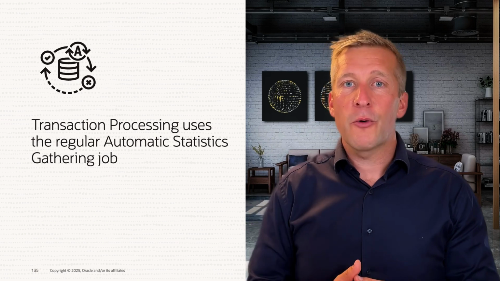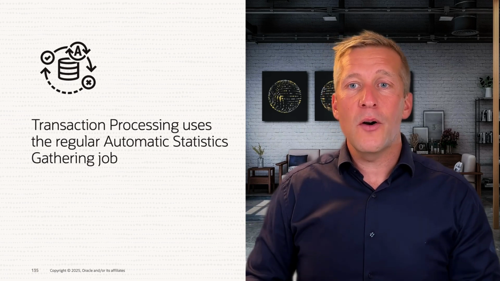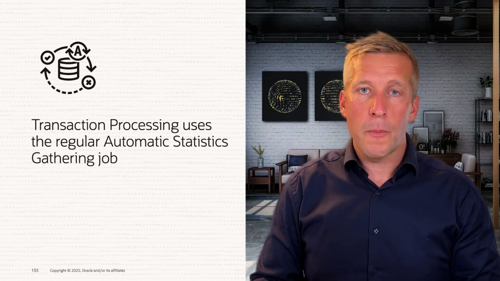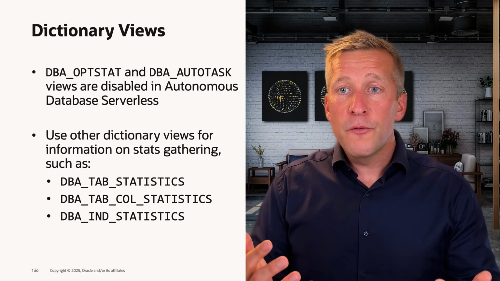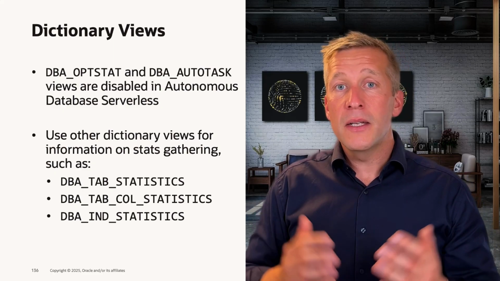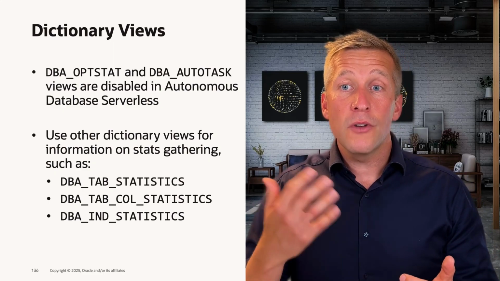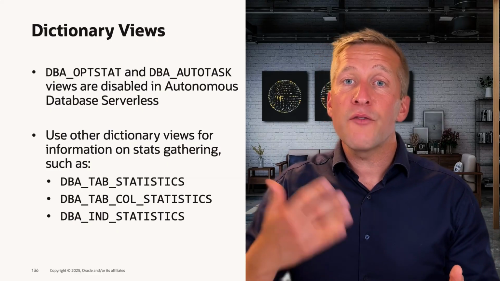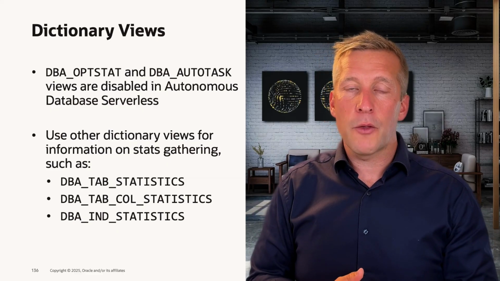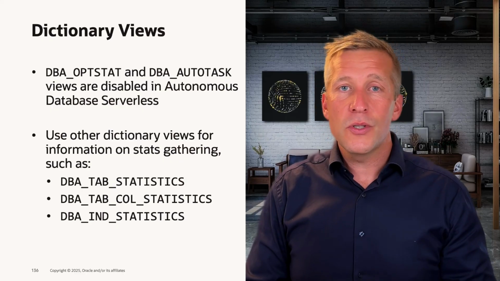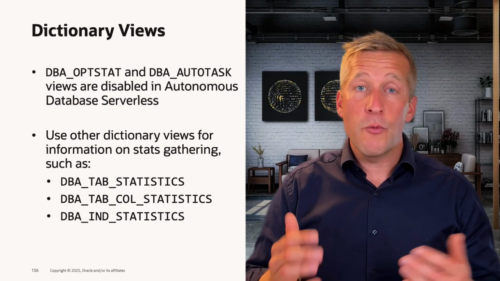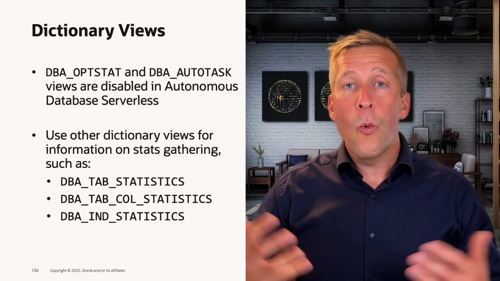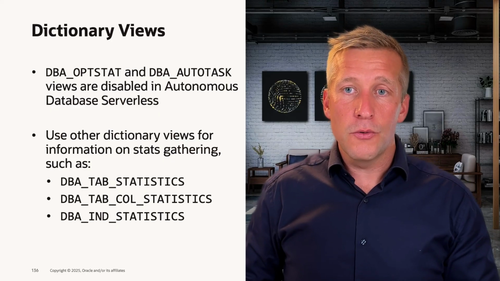So in this configuration in serverless, we still have the automatic statistics gathering job. But the views, the DBA_AUTOSTAT and the DBA_AUTOTASK views, they do not exist, or they are disabled in serverless, so you cannot use those to get information about statistics gathering. So instead, you need to use the DBA_TAB_STATISTICS and related views to find out when the database is gathering these new statistics.